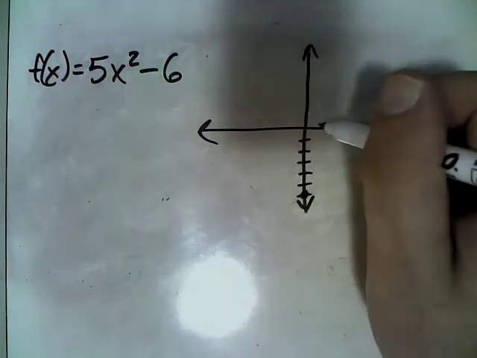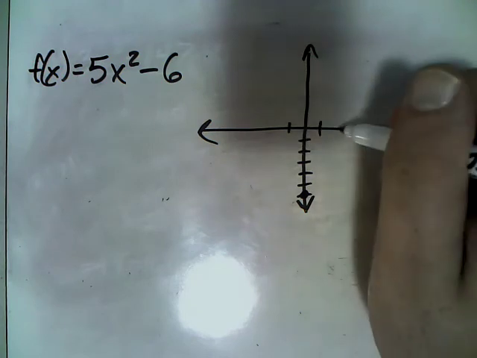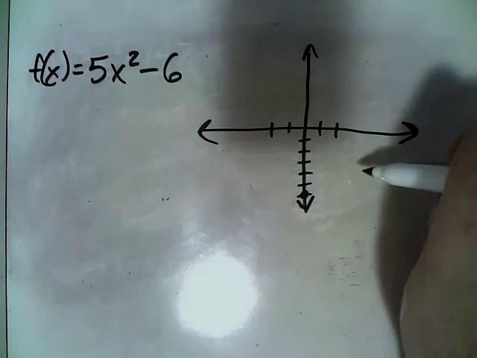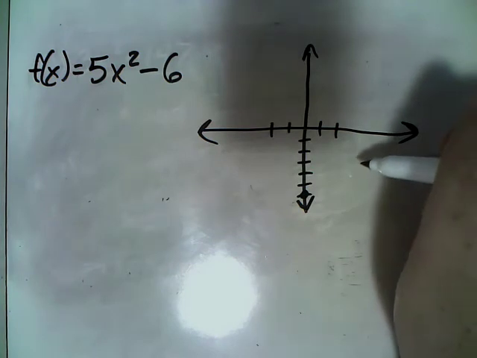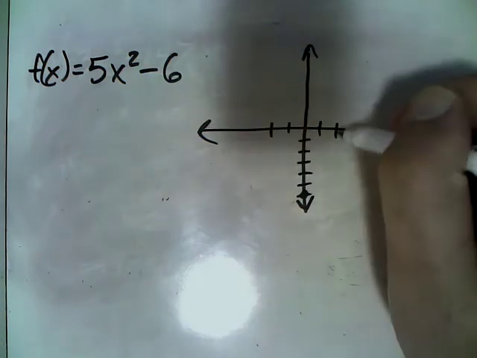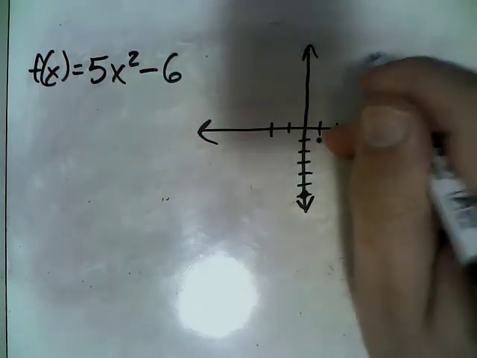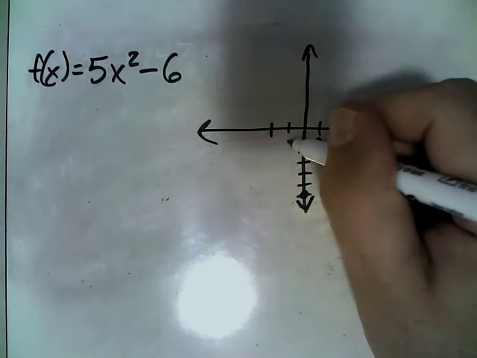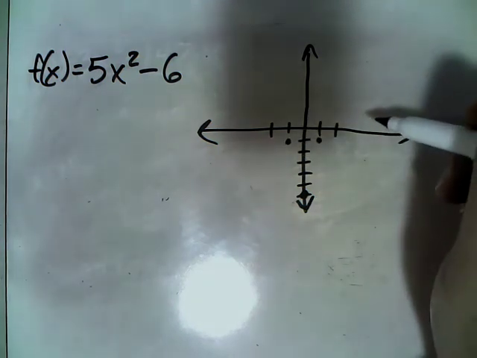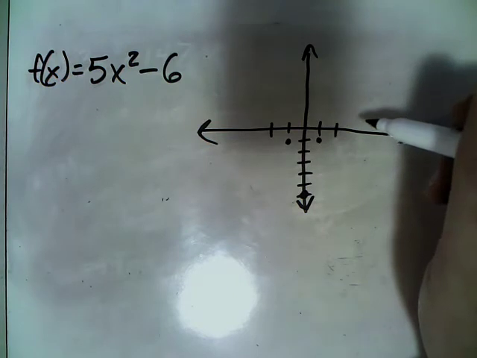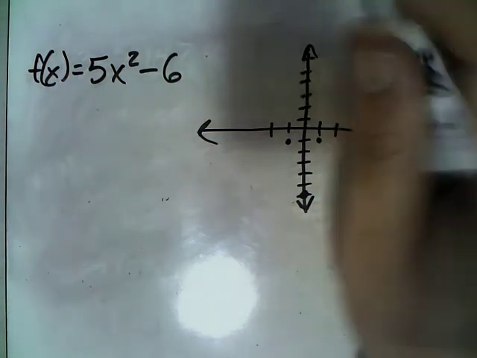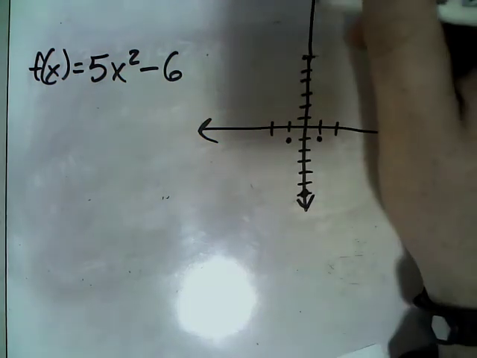And now let's try plugging in 1 and 2, and then we can go symmetric to that. So I plug in 1. 1 squared would be 1, times 5 would be 5, and then 5 minus 6 would be a -1. So right there. And then symmetric, it'd be right there. Now plug in 2. 2 squared is 4. 5 times 4 is 20, minus 6 would be 14. So 1, 2, 3, 4, 5, 6. I'm going to have to kind of extend this.